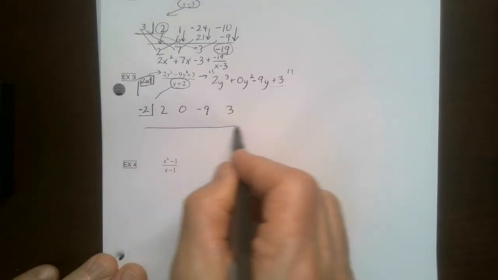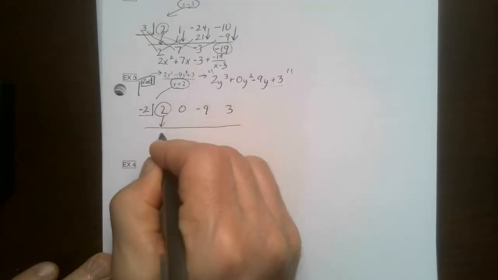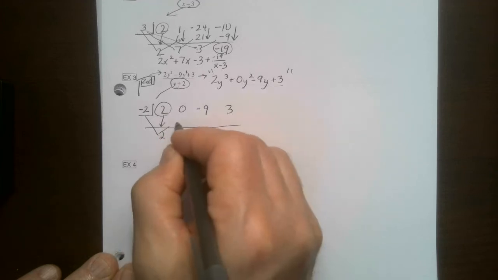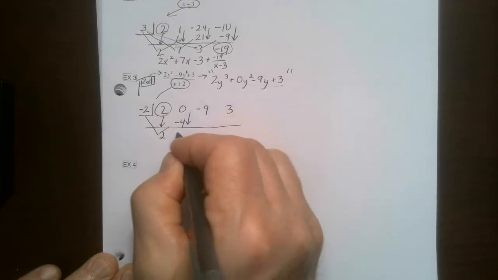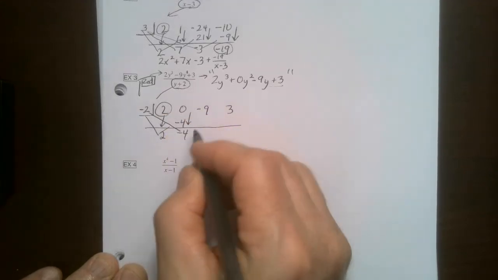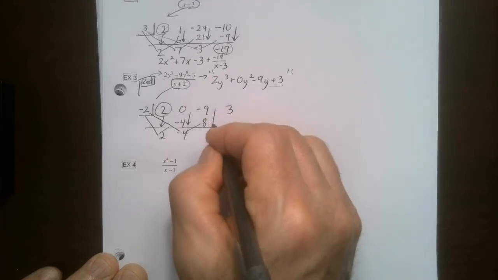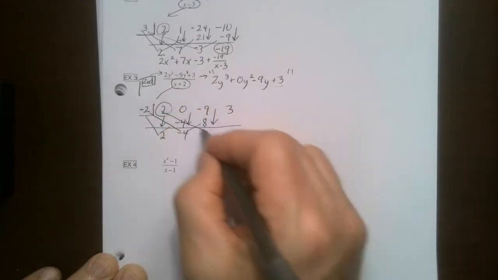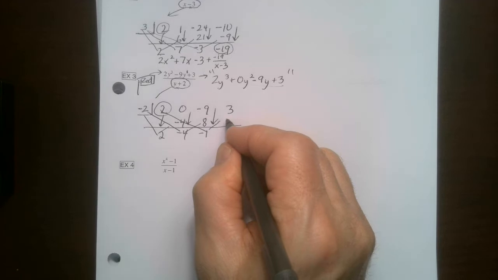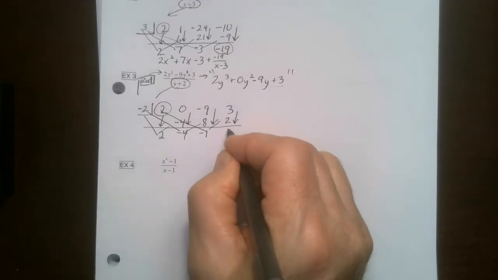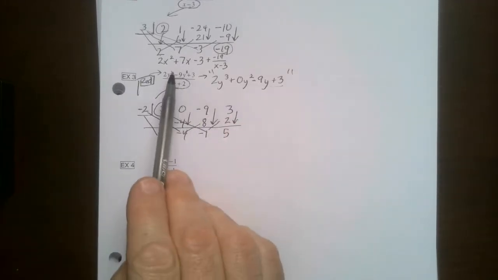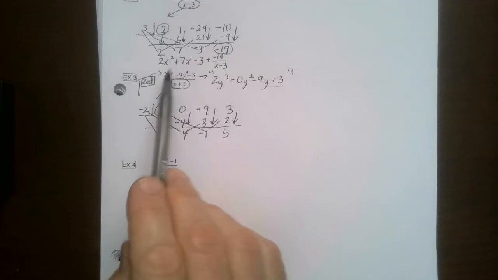So here we go. Take the 2 underneath the line, multiply, add, multiply, add, multiply, add. Look at the highest power, it's a 3 in the numerator.